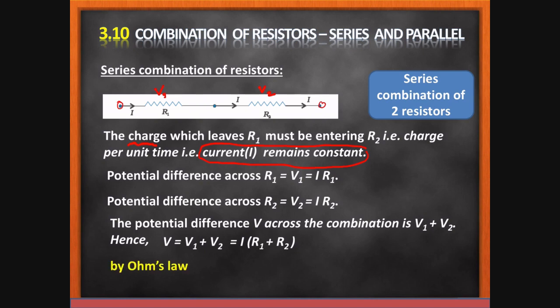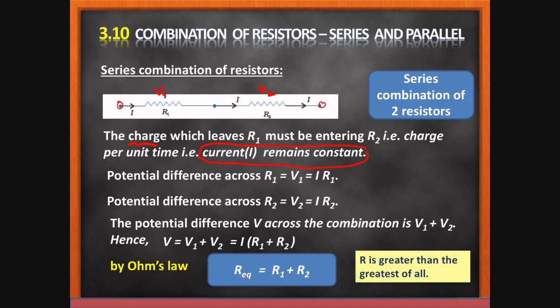If we compare left hand side and right hand side, we get R equivalent is equal to R1 plus R2. So in a series combination, resistance is equal to R1 plus R2, and the net resistance is always greater than the greatest of all.